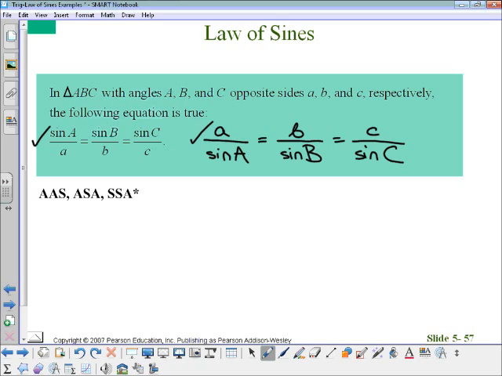Now, remember those acronyms. Law of sines you basically use anytime you're given two angles and a side, or the special case, the bad word backwards, side angle. This is such a special case it has its own name. It is called the ambiguous case.